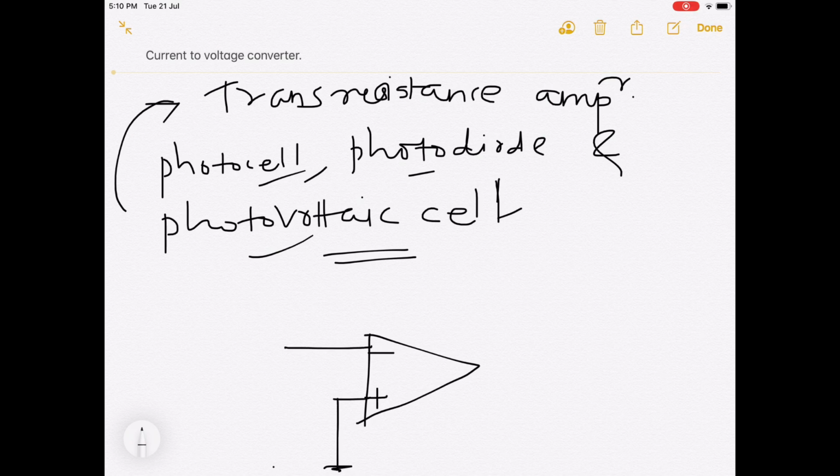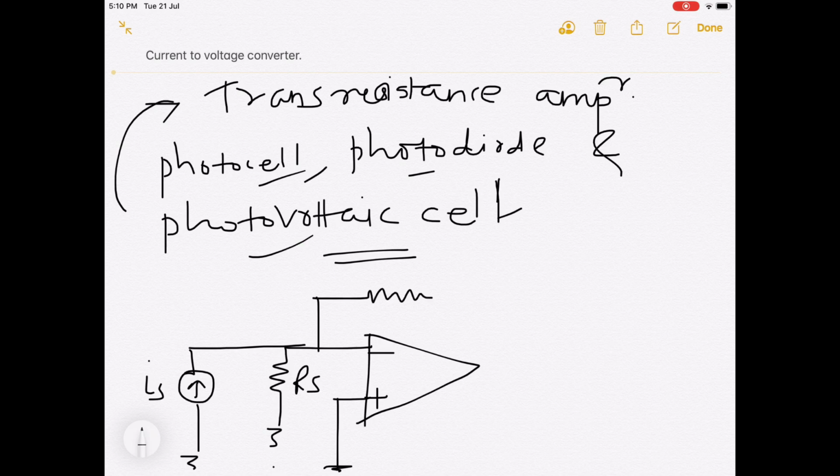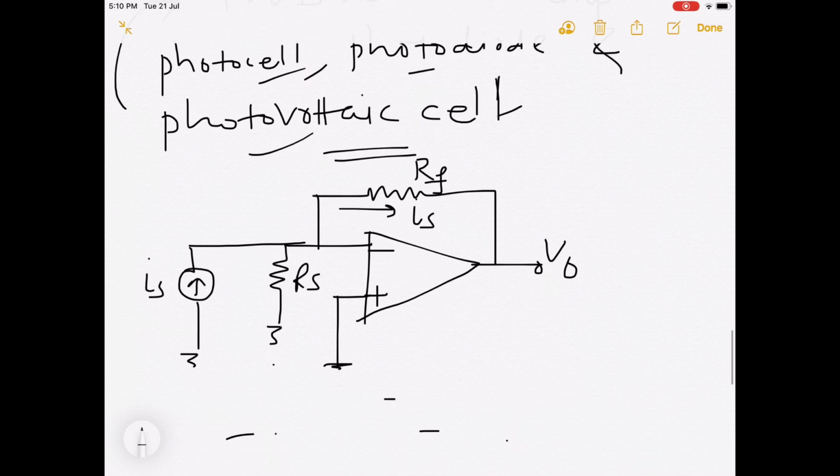At the inverting terminal, one RS is connected, and the input is a current source, that is IS. Then we have connected RF and then the output. Current IS flows through this, this is your RF. So, this is the circuit for the current to voltage converter.